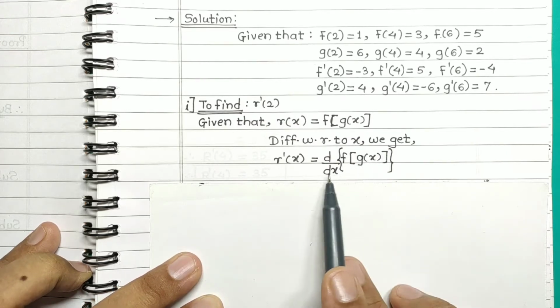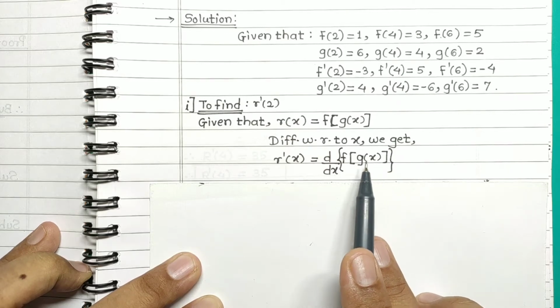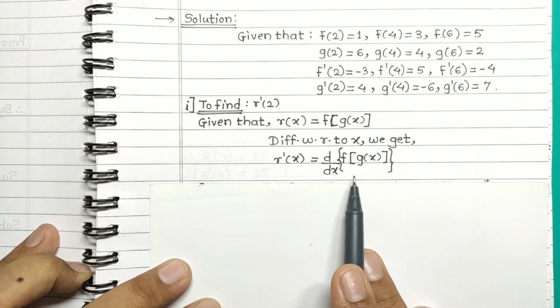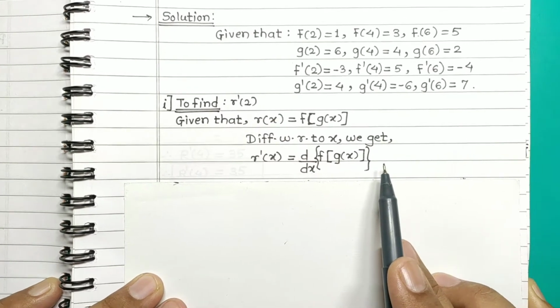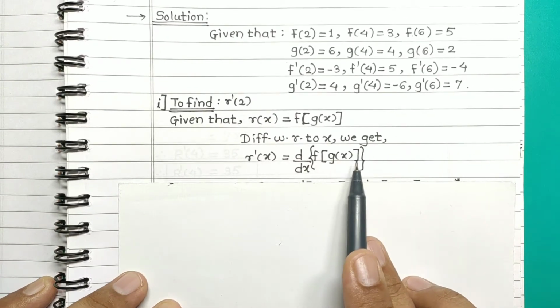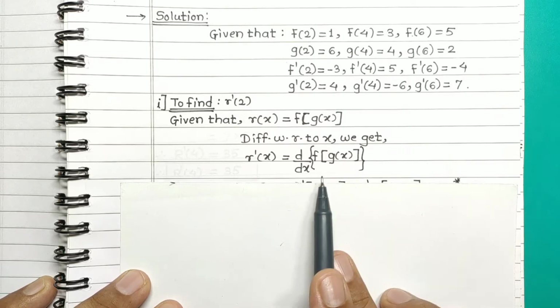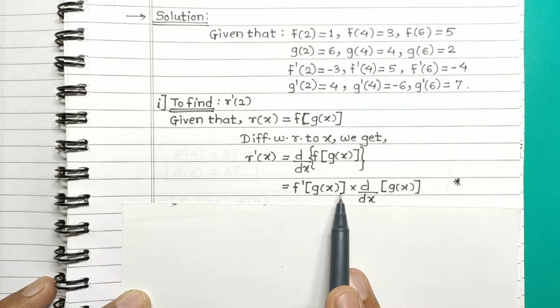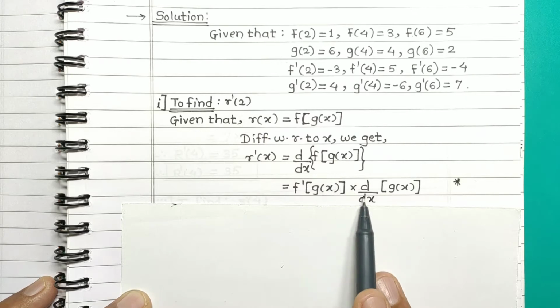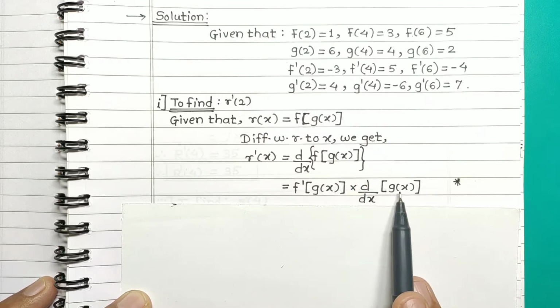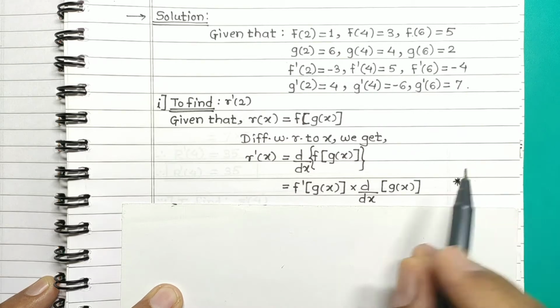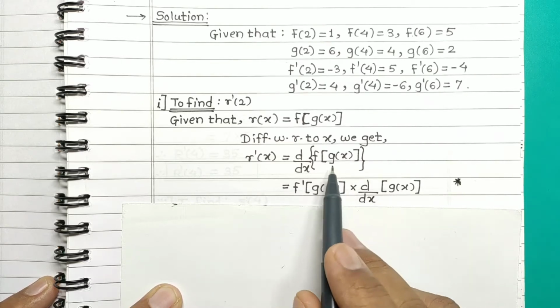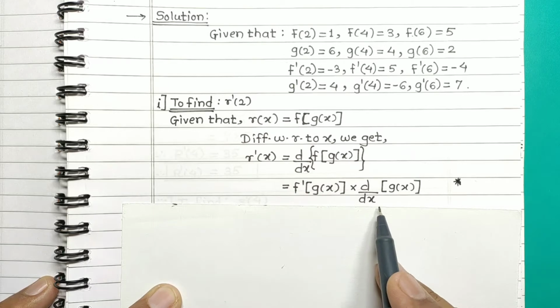So here we have to use the chain rule to find the derivative of this function. So let's treat this function as f of something. So its derivative is f dash of something into the derivative of something, which is g of x. So you note this step properly.